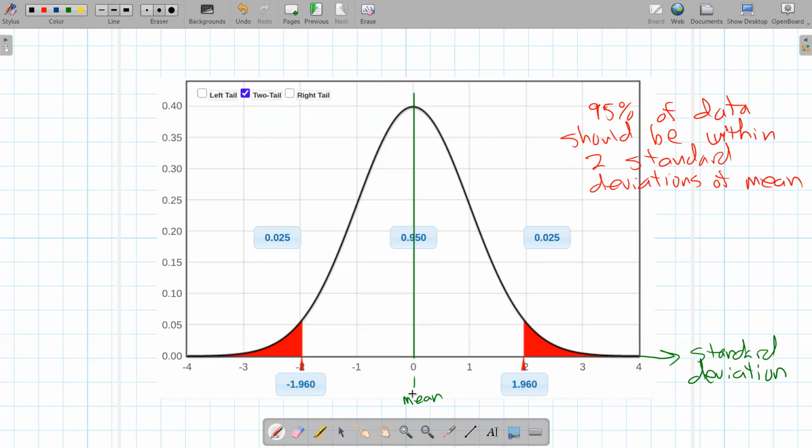So if the mean is 0 and I look 2 to the left and 2 to the right and I count up everybody that's in the middle here, it's going to be about 95%.